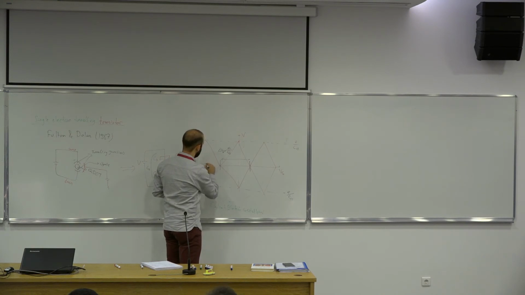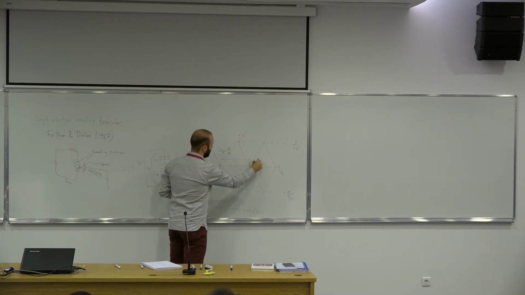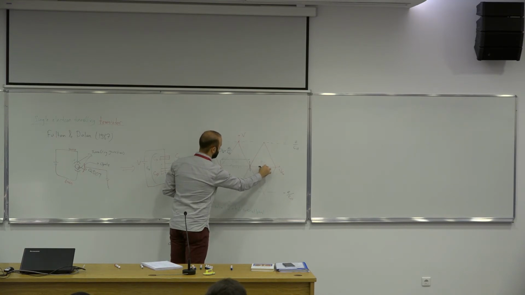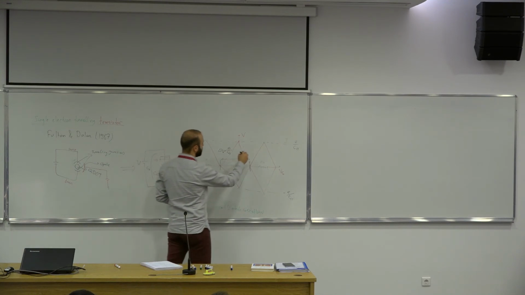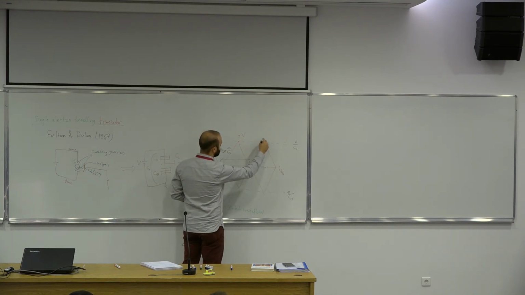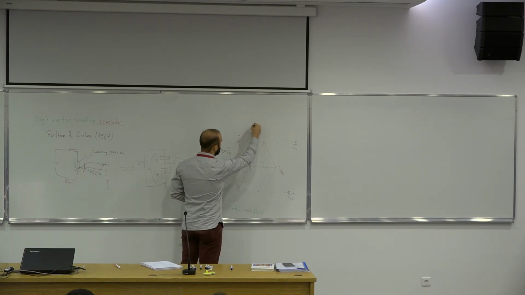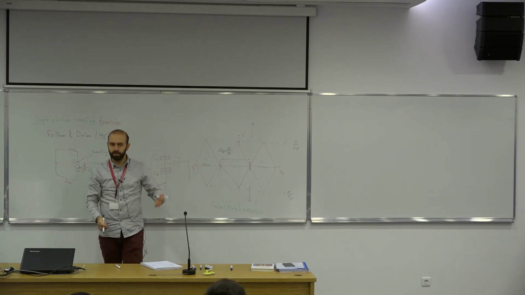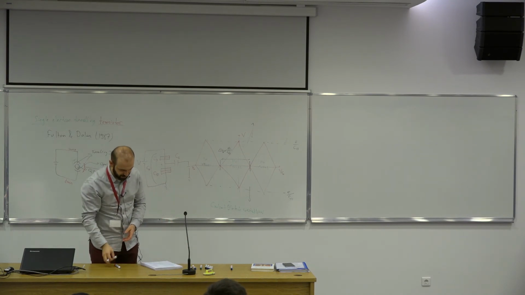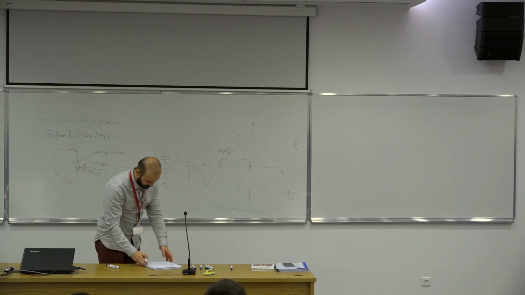So I can say no current, again, no current, no current. And beyond these diamonds, the current will start flowing. So as you increase the voltage or decrease the voltage, more and more current will flow through the device.